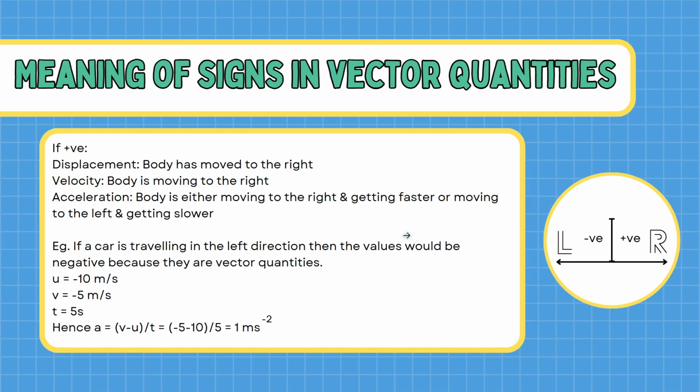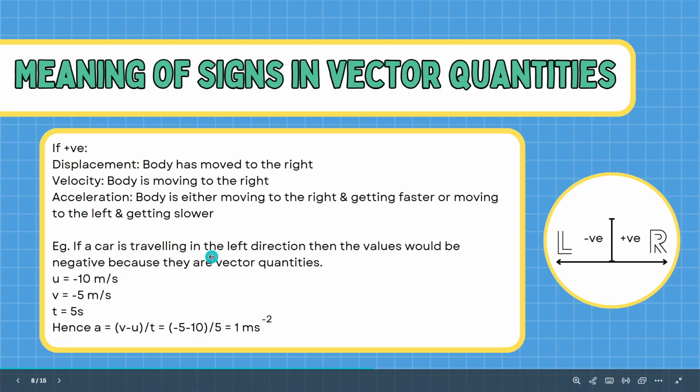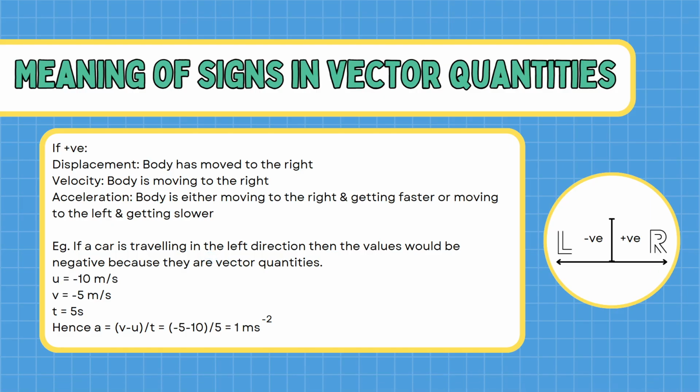But acceleration is a very interesting point of this. The body is either moving to the right and getting faster or moving to the left and getting slower. To better understand this, I have an example here. If a car is traveling in the left direction, then the values would be negative because they are vector quantities, right? So if I had an object moving towards the left, let's say it has a velocity of negative 10 meters per second since it's moving to the left as described before.